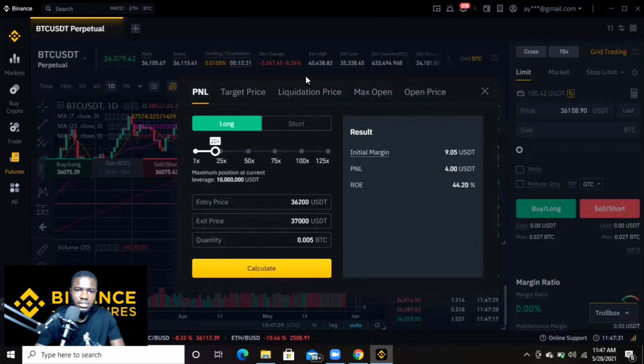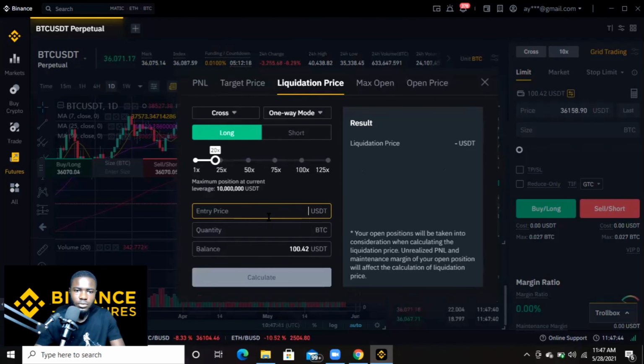So let's calculate and see my liquidation price. Okay, so this is using 11x leverage. So let's calculate the liquidation price as well. So entry price is 36,200. The quantity is 0.005 BTC, and let's calculate that.